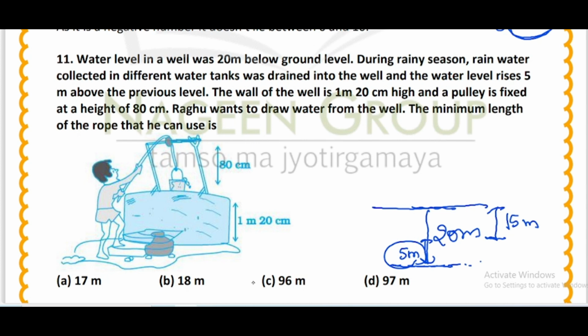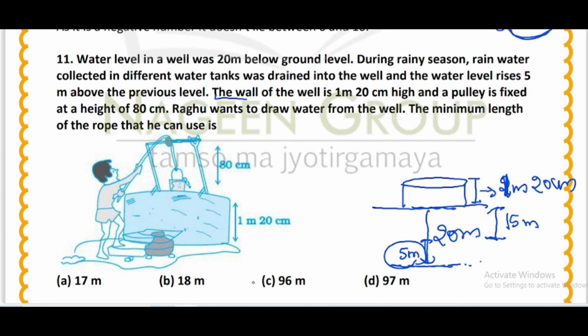Let's see the next. The wall of the well is 1 meter 20 centimeter high and a pulley is fixed at the height of 80 centimeter. Let's see the wall, which is on the ground, is 1 meter and 20 centimeter high.